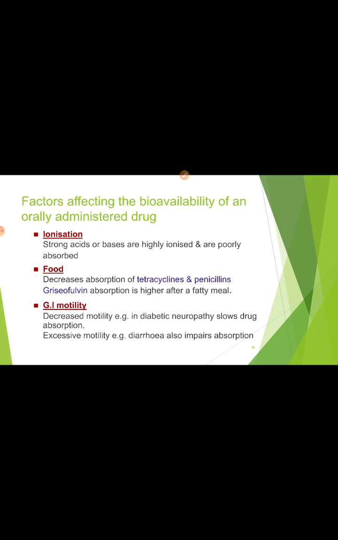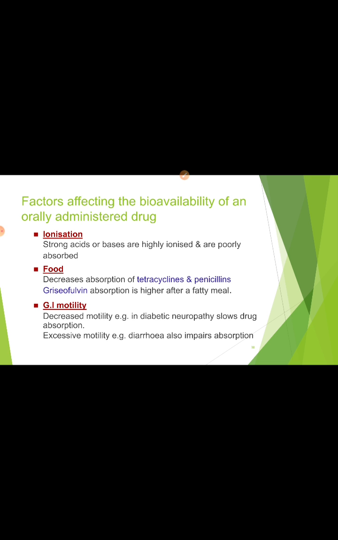Okay. And the next point is GI motility. Decreased motility, which happens for example in diabetic neuropathy, slows drug absorption. And increased motility, which can happen in diarrhea, can also impair absorption.